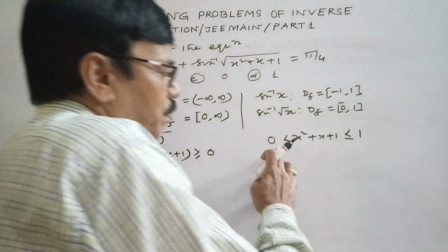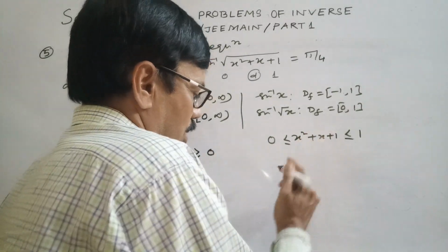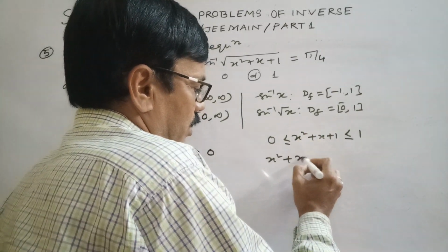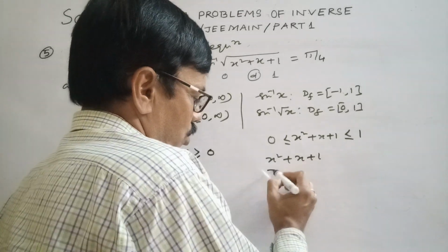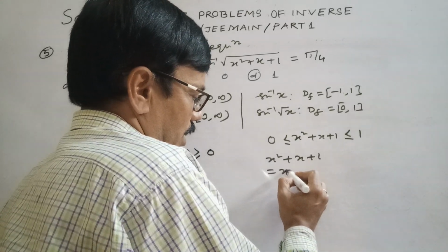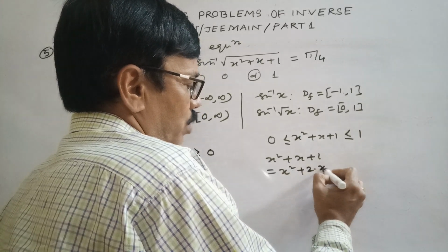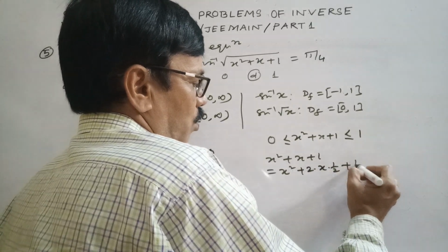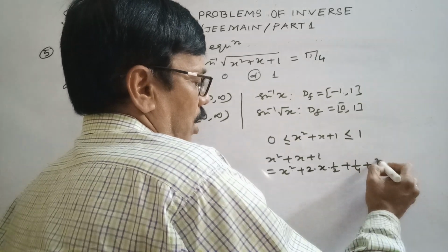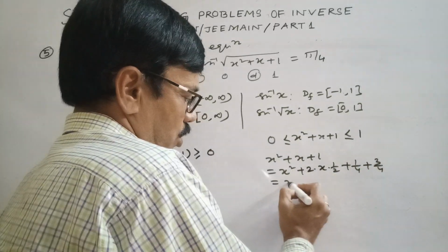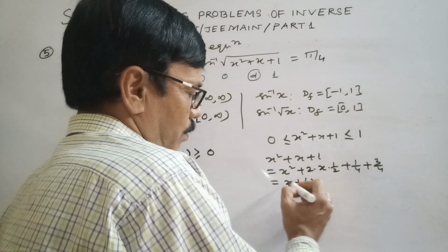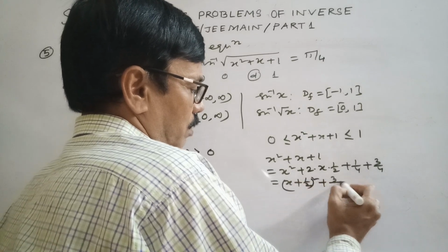Now x square plus x plus 1. So you know it is x square plus 2 into x into half, plus 1 by 4, plus 3 by 4. So this is x plus half whole square plus 3 by 4.